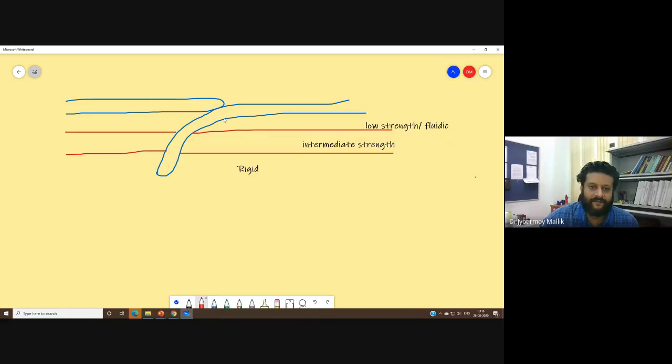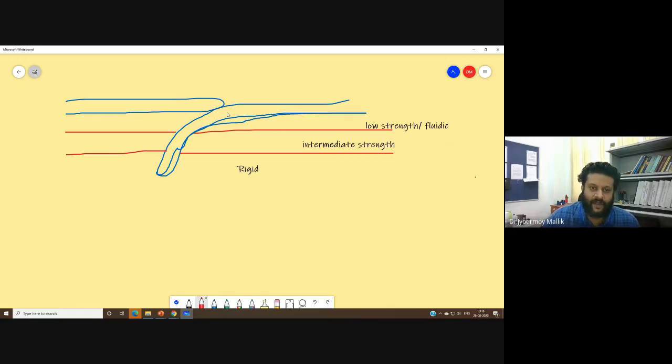So now remember, a continental slab, a slab is kind of going down through this mantle, which has different types of strength.